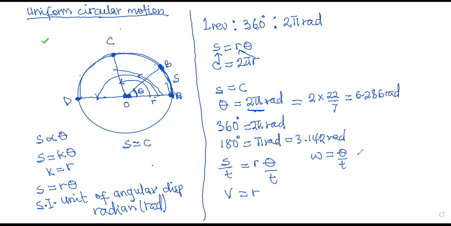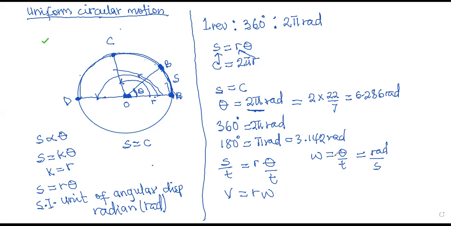And its SI unit, because angular displacement is in radian and time is in seconds, the SI unit of angular velocity is radian per second. So this gives us the link between linear velocity and angular velocity.